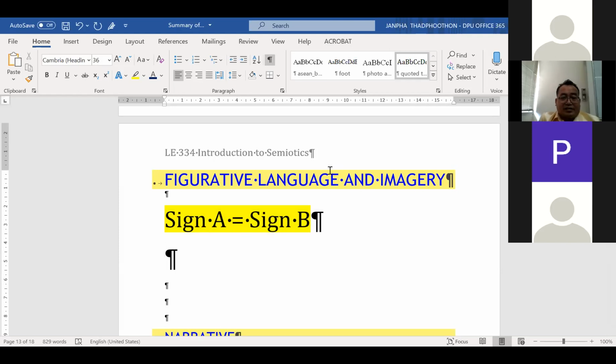Now you can use metonym like Beijing. If you say Beijing, Beijing means simply China or the Chinese government.